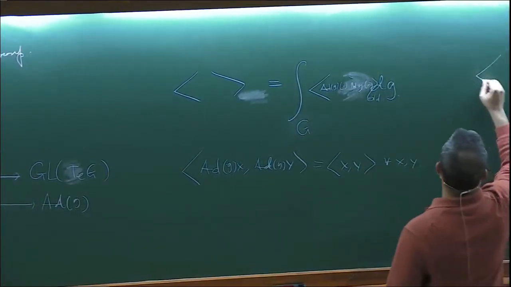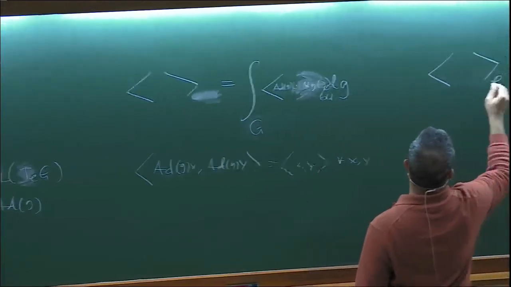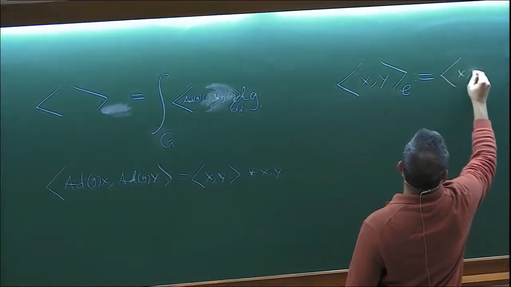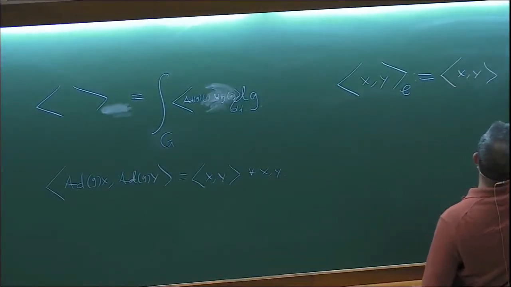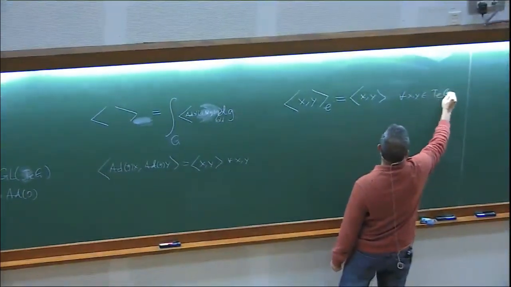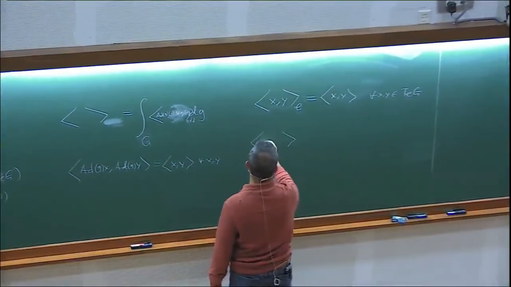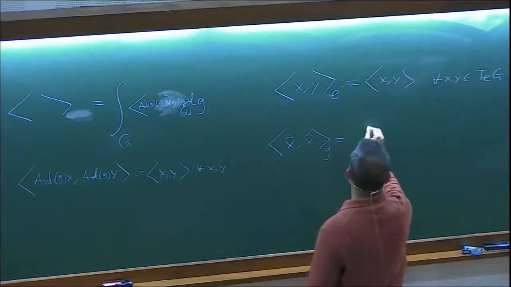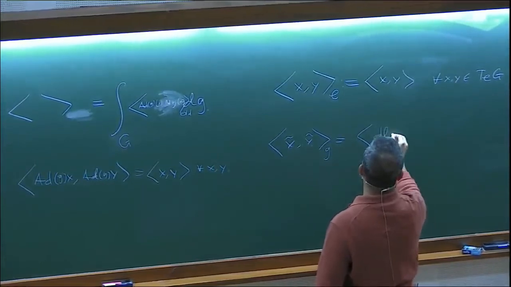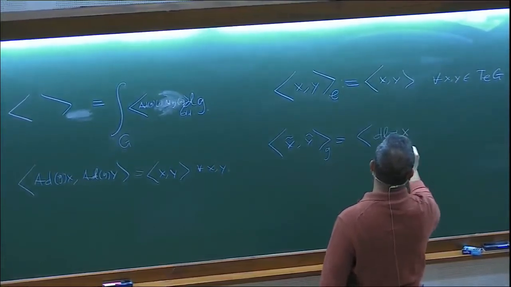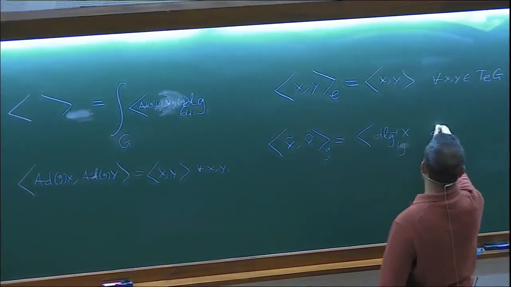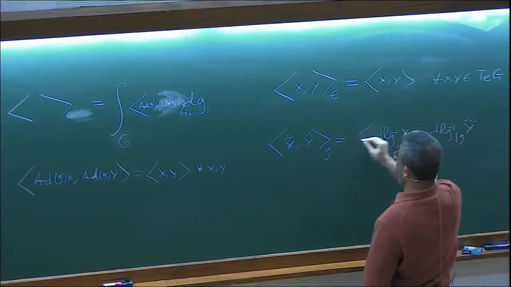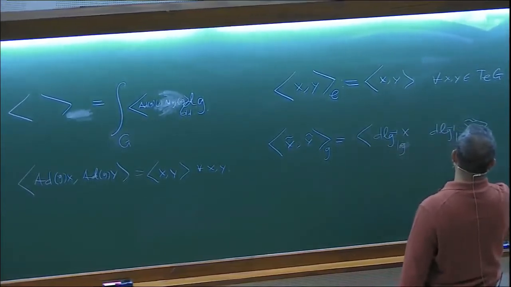So I define this to be this one for all x, y in T_E G, and at g it is the inner product of dL_g x tilde, dL_g y tilde.